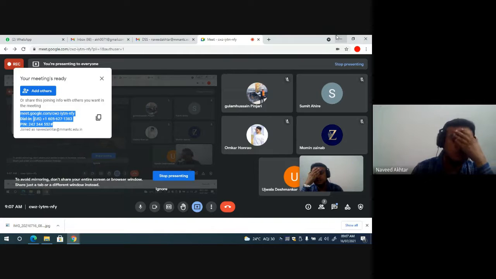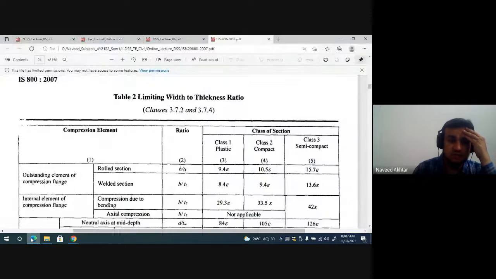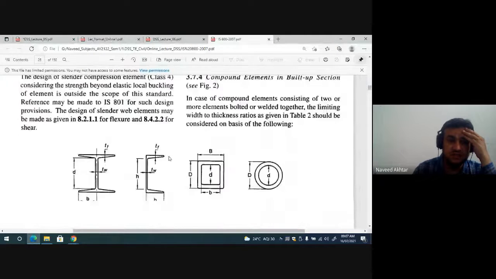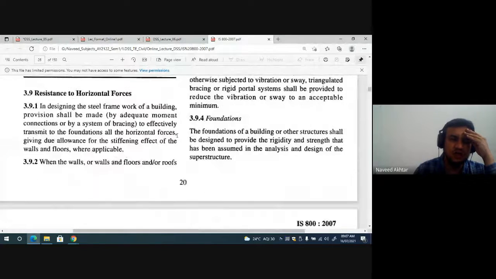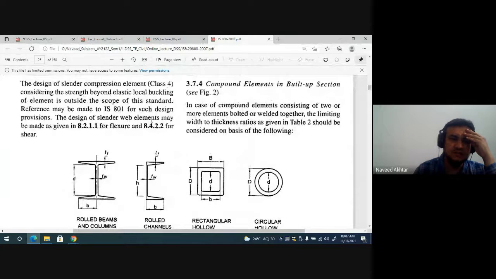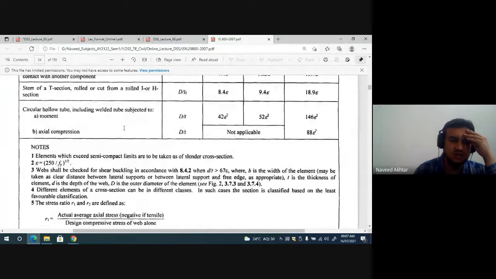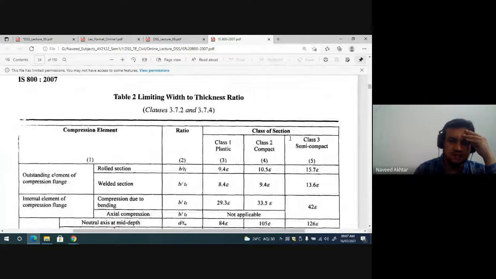Mostly the tension members and the bending members need to be identified like this. So we will solve one example, then you will be able to understand how to find the section type: class 1 is plastic, class 2 is compact, class 3 is semi-compact and class 4 is slender.